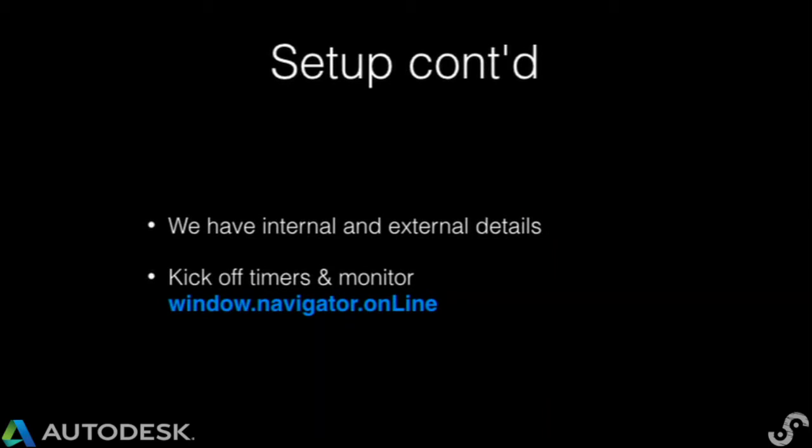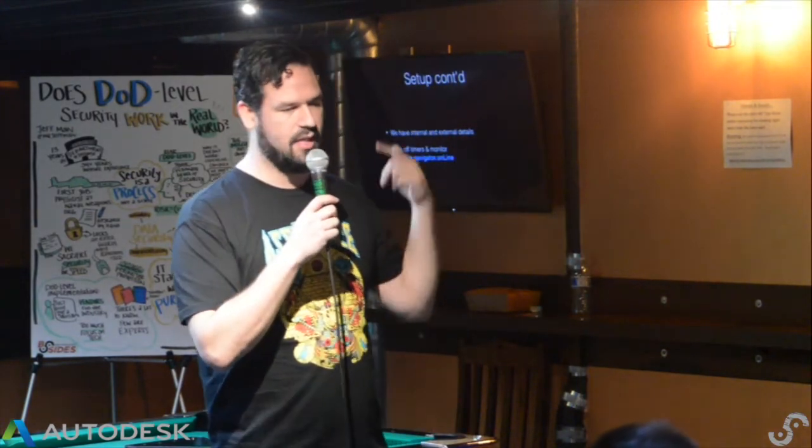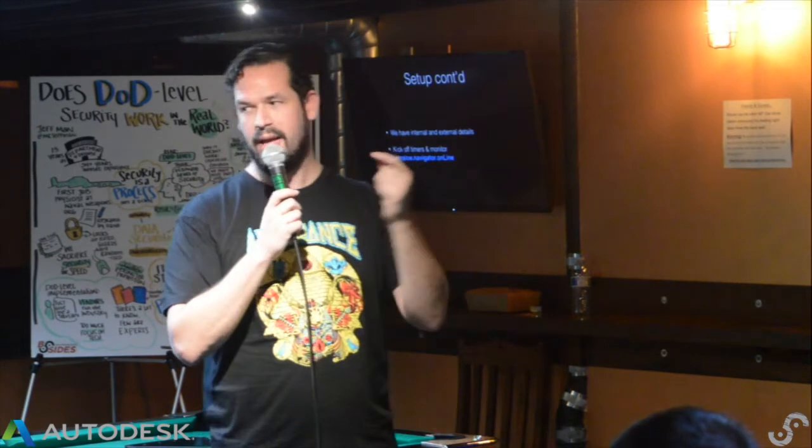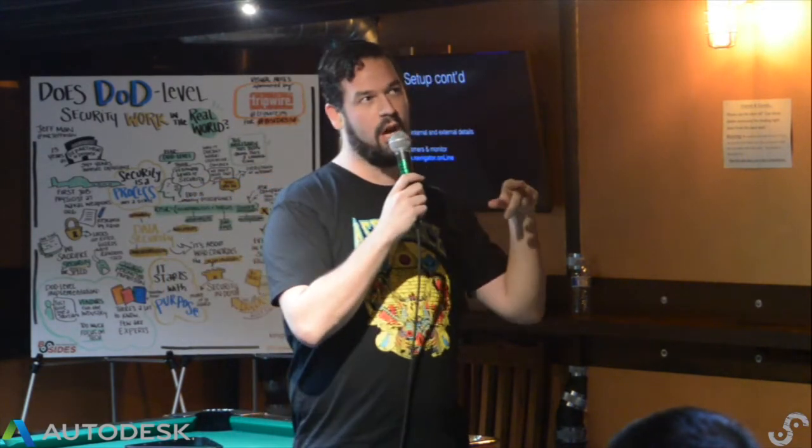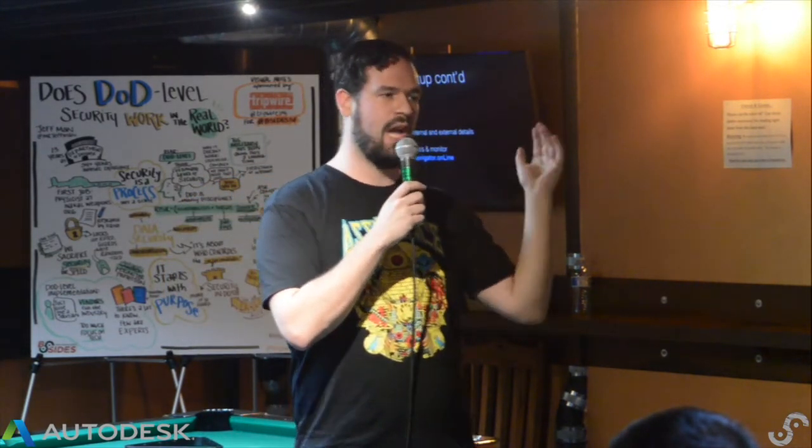Once we have the internal and external details of the browser, we kick off some timers and some event handling logic. So we basically go: okay, every 5 seconds, am I on a different network? Or has the window.navigator.onLine status changed? Am I online? Am I offline? Once I've detected that we have changed network, we go: are we back online or are we offline?